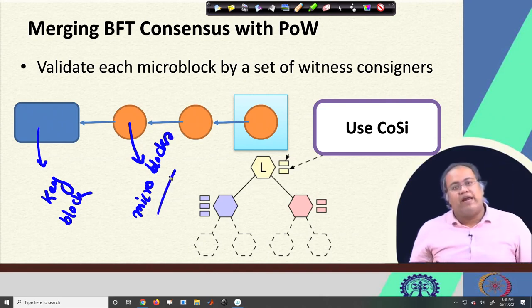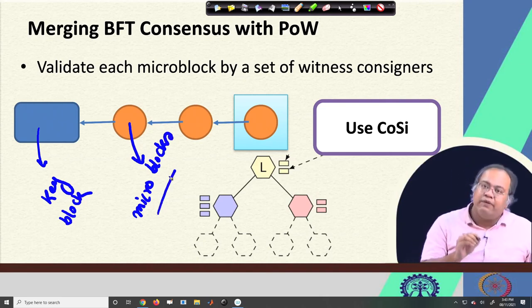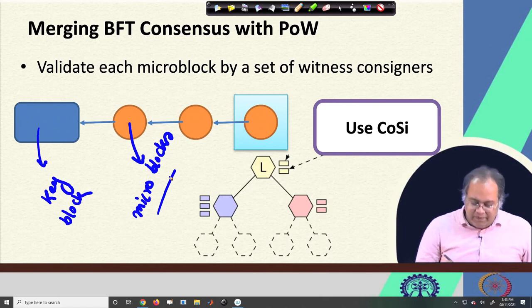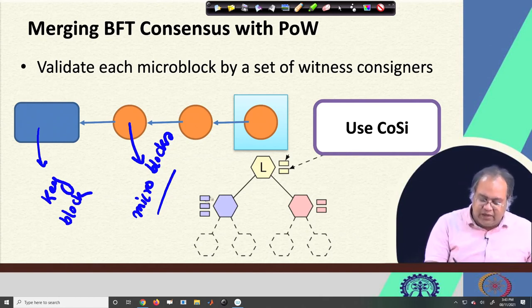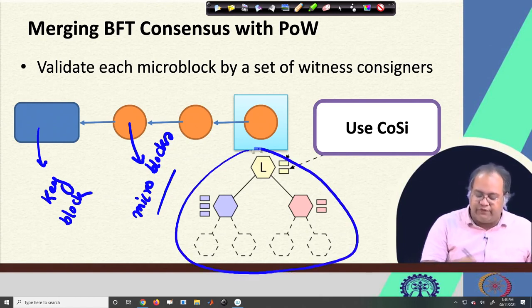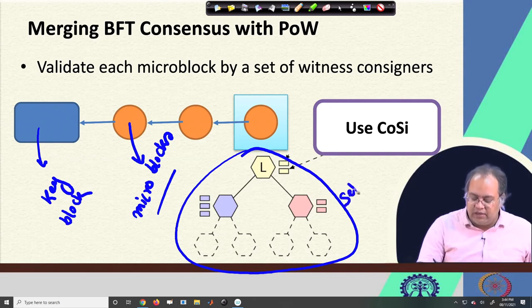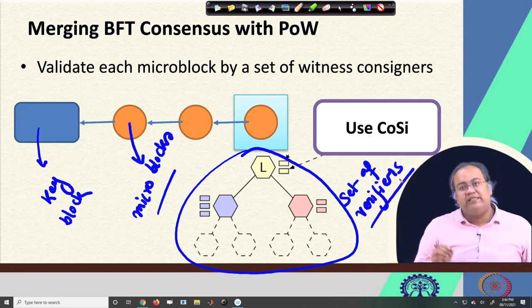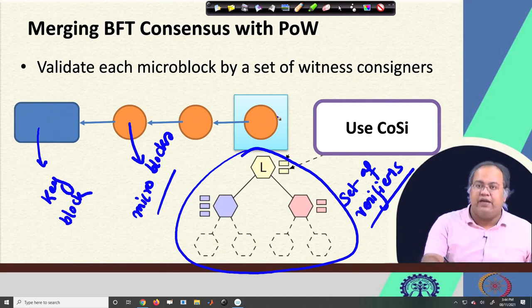Well, now here my requirement is that before adding a microblock in the system, I would get it verified by a set of verifiers. Now, this set of verifiers is going to verify that this microblock is correct.